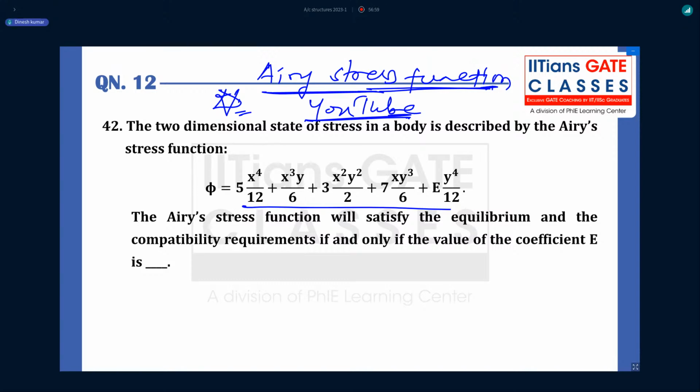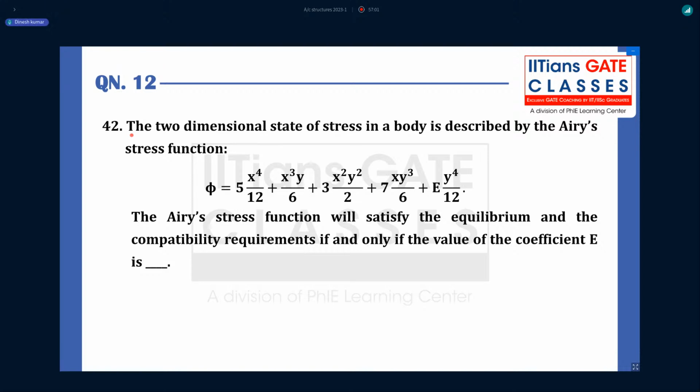So what does it say? Read this question, guys. It's the 11th question; there are 11 questions in total in this GATE 2016 paper.